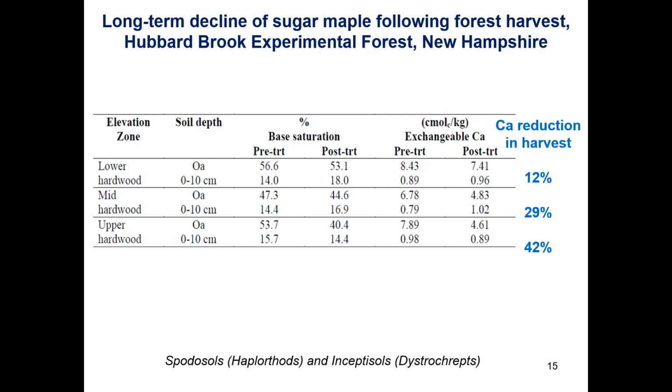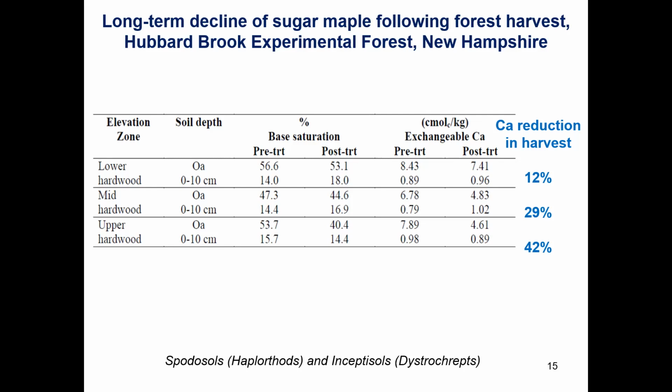Furthermore, there's some other things that I wanted to point out. Notice how the percent base saturation changes with the calcium concentrations. That checks out, right? Base saturation is dramatically higher in the organic layers, which have an order of magnitude more exchangeable calcium than the mineral soils do.